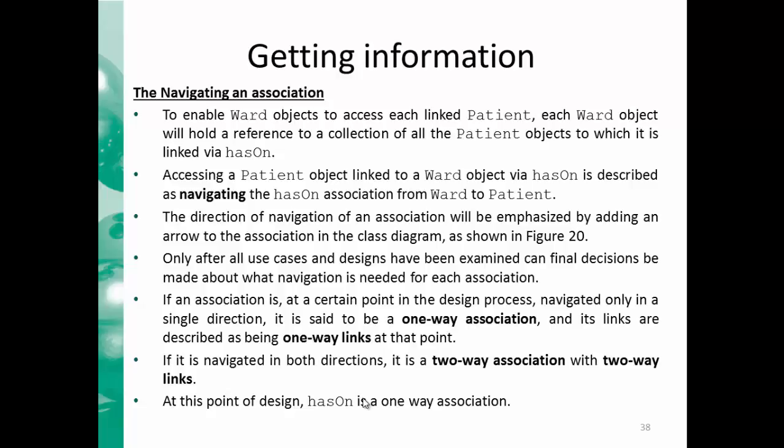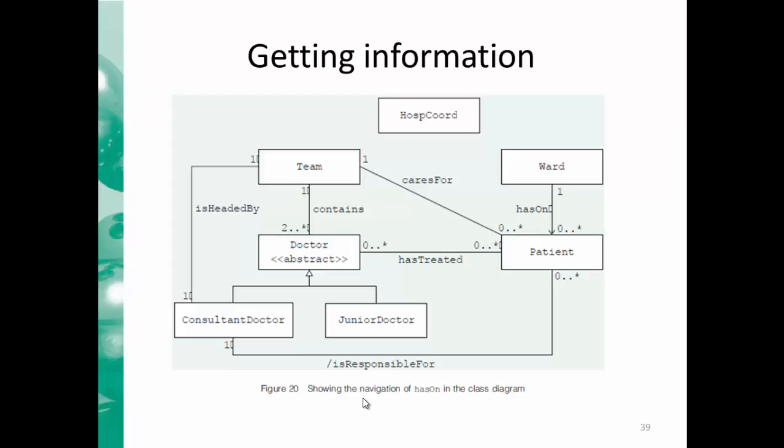If, when a class A wants to communicate with the class B, it must have a reference to class B, the navigation will go from A to B. If B has no reference to class A, then it will not be able to refer to class A because it has no reference to that class. If both classes have references to each other, then we'll have a two-way association, and in that case the navigation will be in both directions.